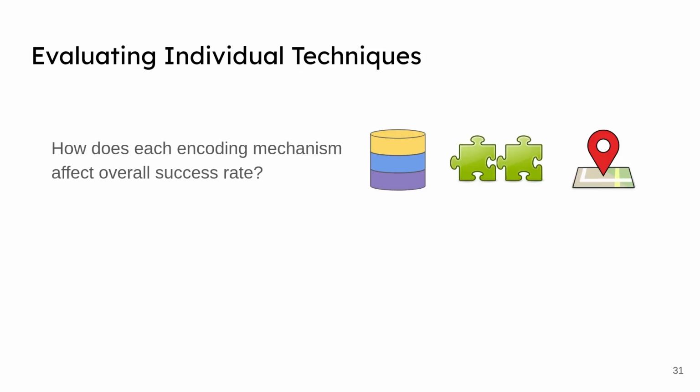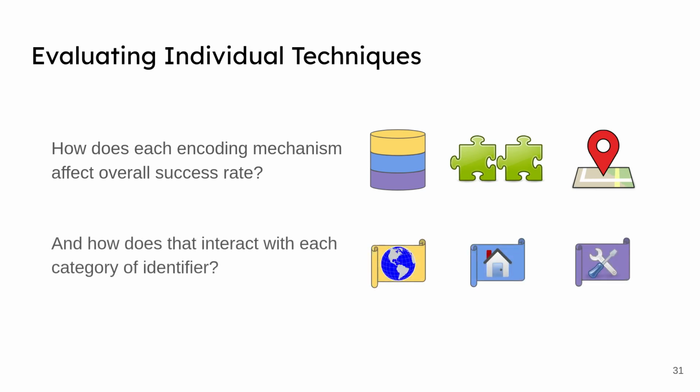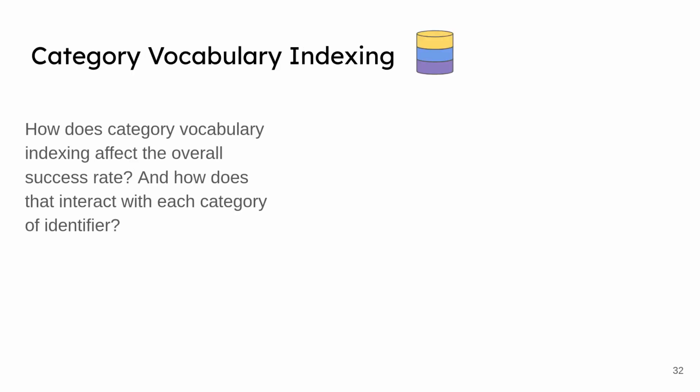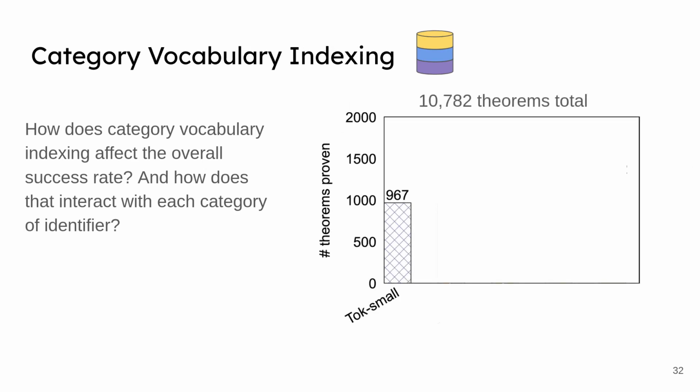Finally, we want to know how each encoding mechanism affects the overall success rate, and how that interacts with each category of identifier. So we start with category vocabulary indexing, and note that for these experiments we're going to be using this other model, Tok small, as our base model, which is a version of Tok with some slightly smaller embeddings that we found produces more proofs in our experiments than Tok itself.